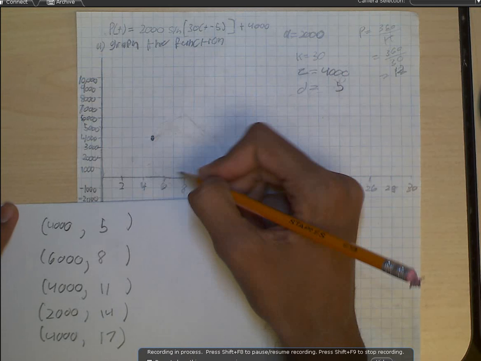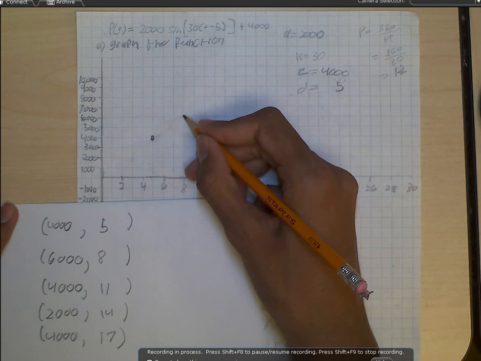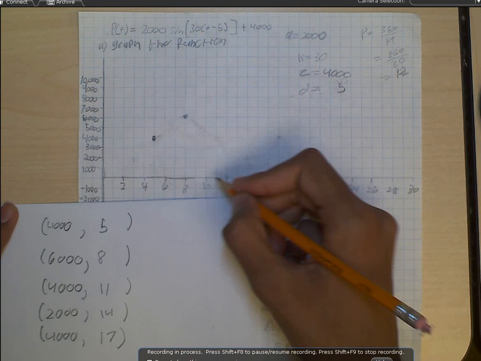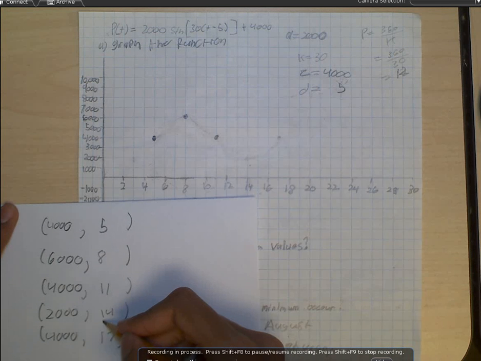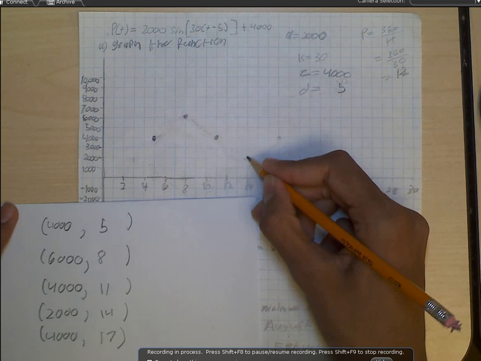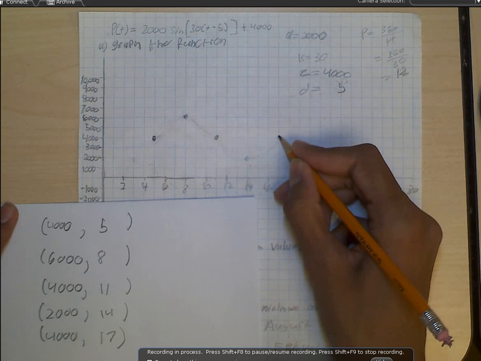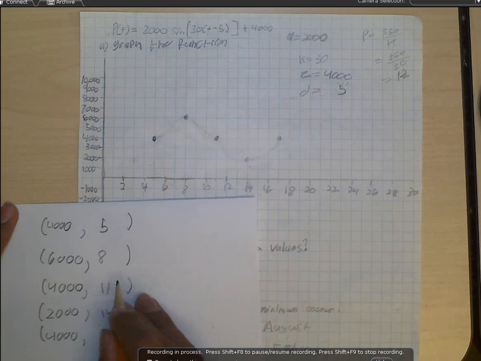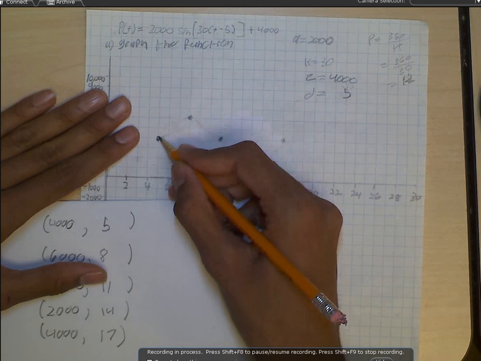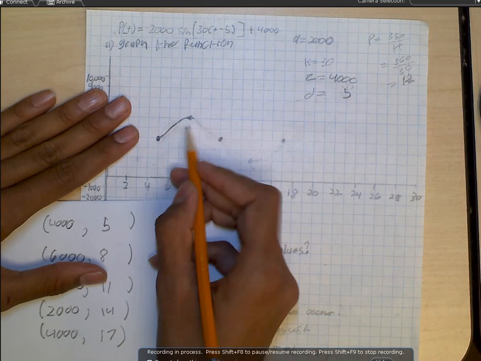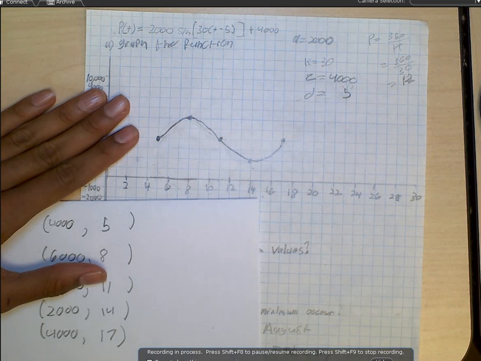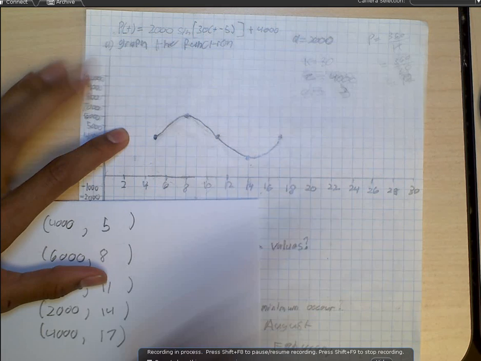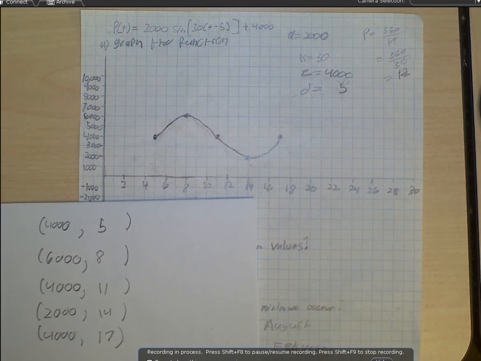Then it'll be 8 and 6,000. 11 and 4,000, 14 and 2,000, and then 17 and 4,000. Now if you connect the dots, you will see that it's similar to a sine function, and the period is about 12 months. So you can verify that you are good to go.